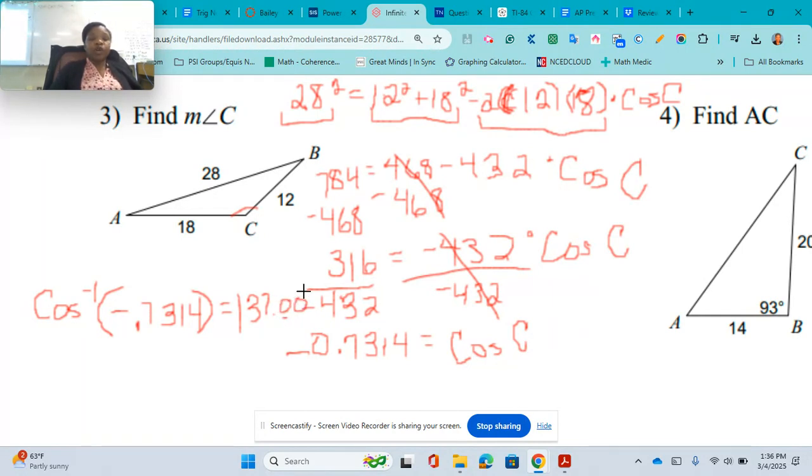If this was a 0 or 1, this answer would still be just 137 degrees. And that would be for our angle C. That's a 7, y'all. 137 degrees. Sorry, it looks like that. That's a 7.